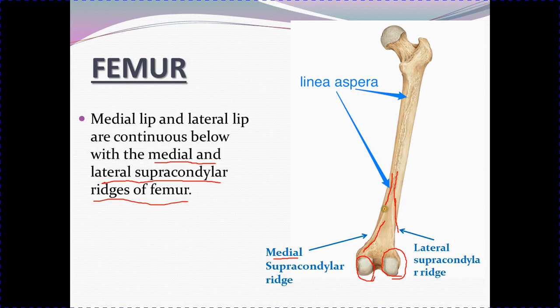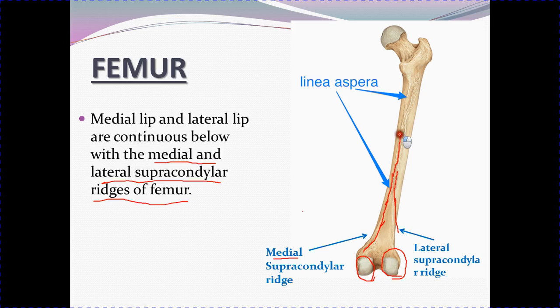So we said, I'm repeating, that the posterior border is also called linea aspera. It is a thick, rough crest in the middle portion, and in the upper portion as well as in the lower portion it diverges to form the medial lip and the lateral lip.